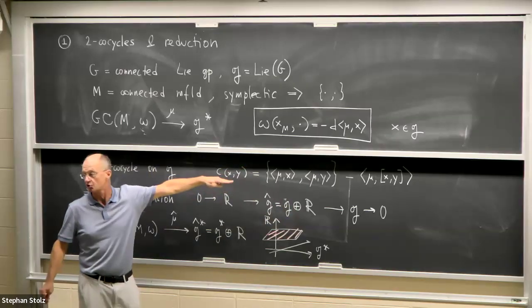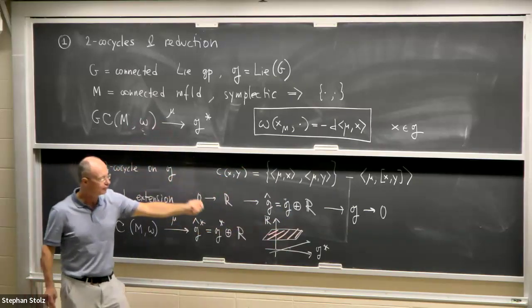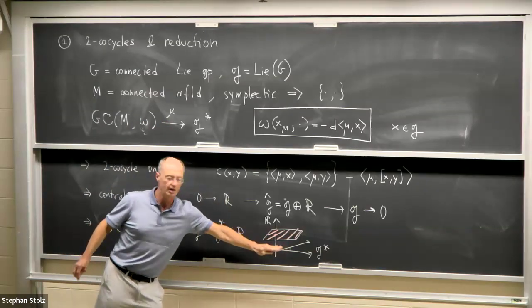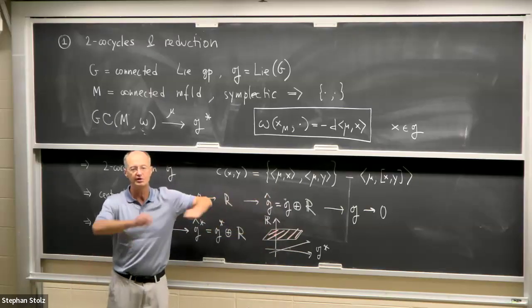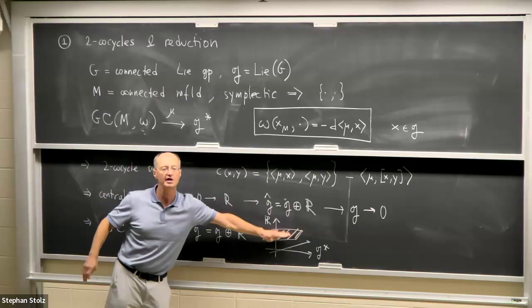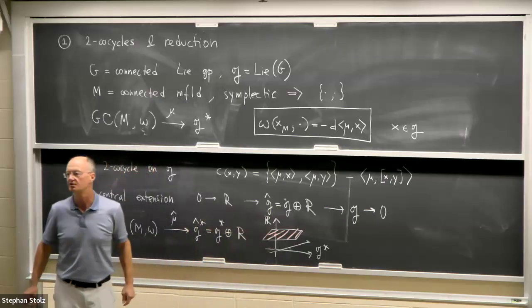If the central extension is trivial, you're going to be basically back to what you had before. It will be lying on the floor here at R equal to 0, or it's going to be sitting in some non-trivially distanced hyperplane from 0. But it's going to be always a constant.